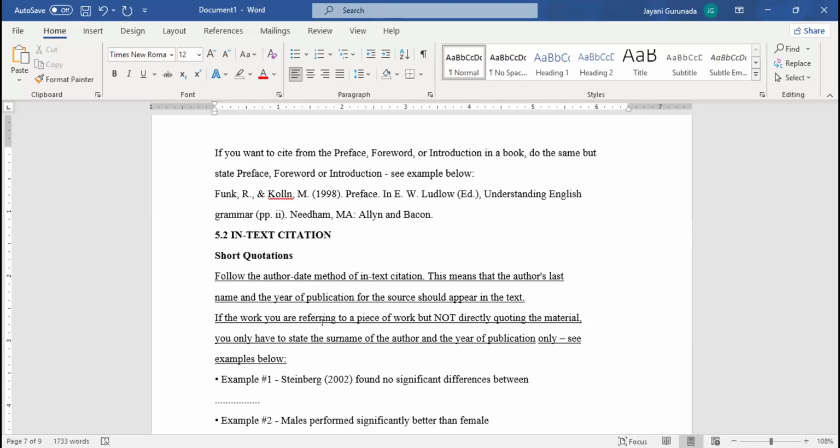The author's last name and the year of publication for the source should appear in the text. If you are referring to a piece of work but not directly quoting the material, you only have to state the surname of the author and the year of publication. One example, example 1, Steinberg 2002.